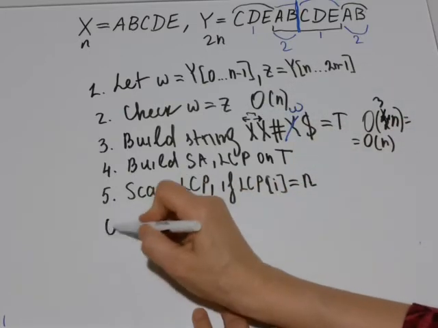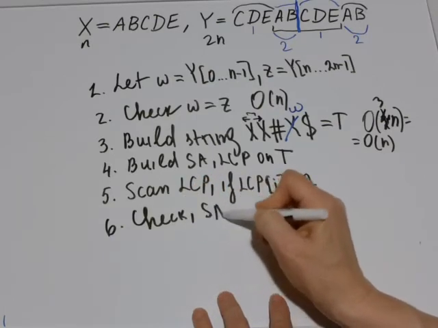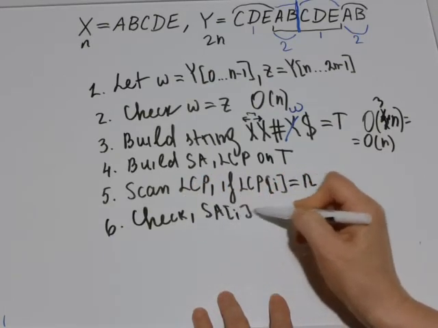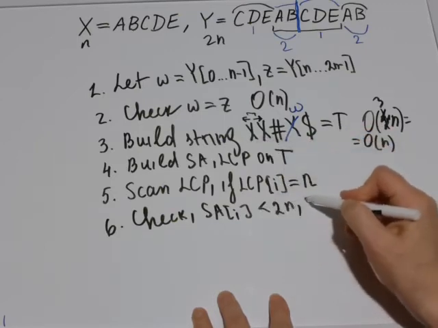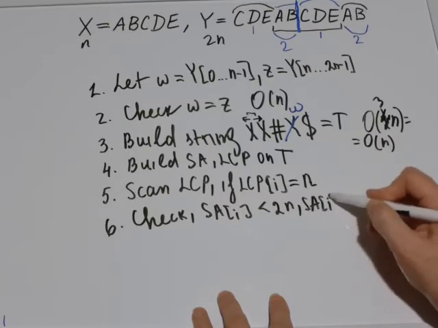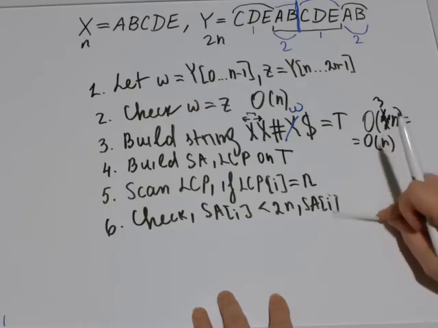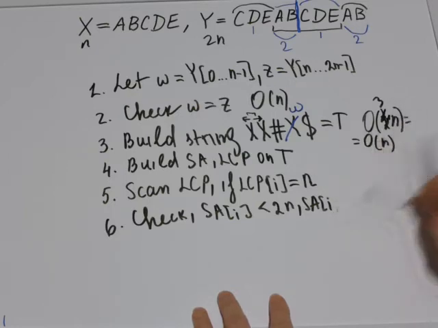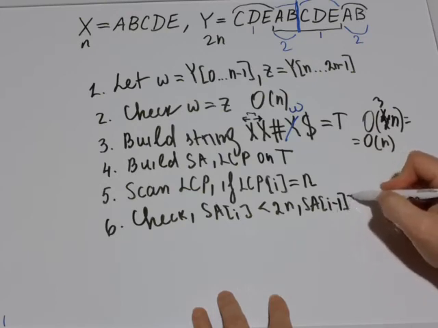Then we need to check one more thing. Check that suffix array at i comes before 2n, and the starting position of the suffix at i minus 1 comes after 2n.